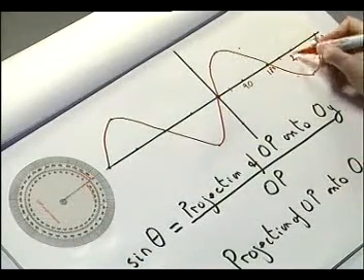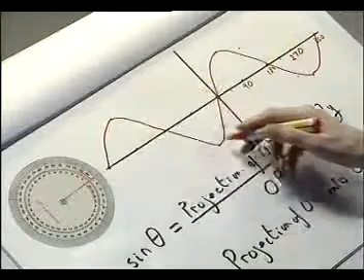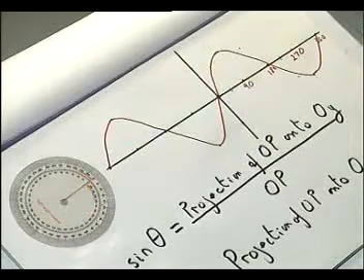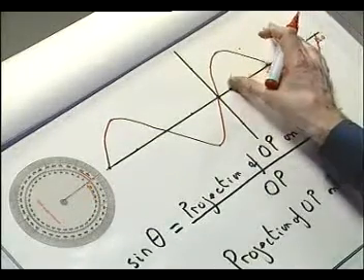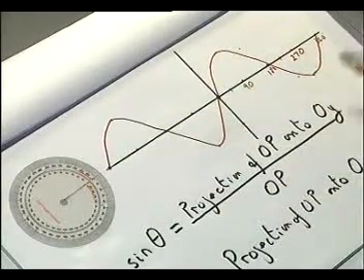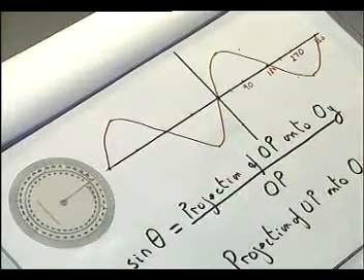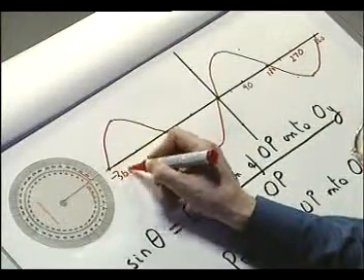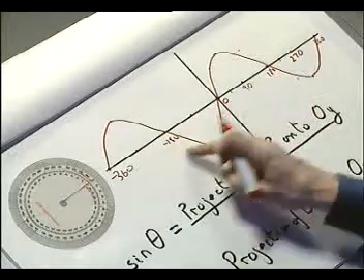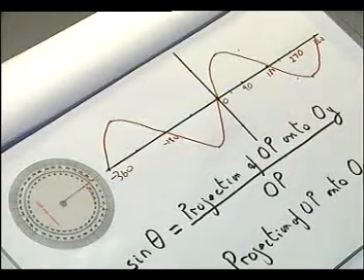Notice that this shape is exactly the same as that shape, and that we could keep on drawing it. This block repeats itself. It's periodic. It keeps repeating itself every 360 degrees. From there to there is 360, and similarly from here through here to here is also 360 degrees.